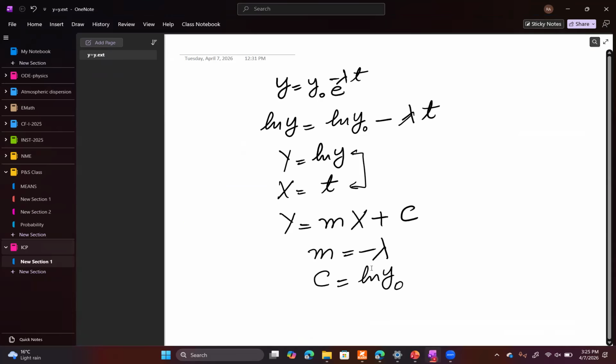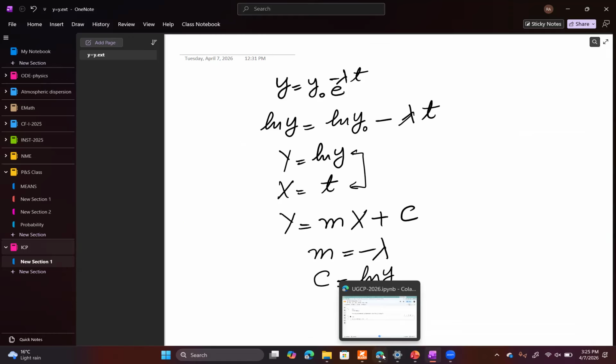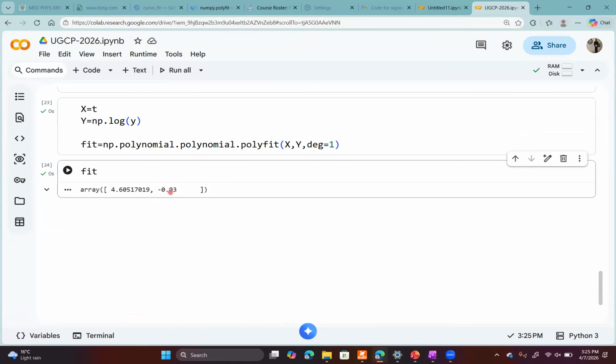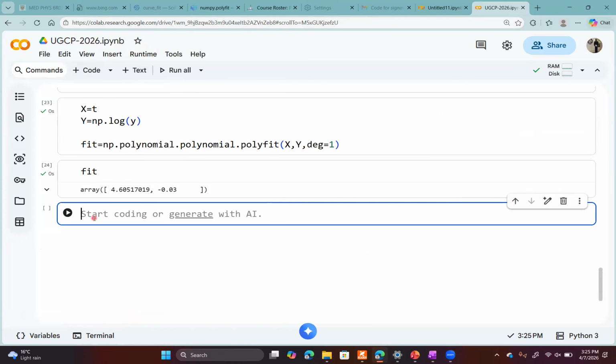So lambda value, which is exactly the same. So this is the slope value, and this is the intercept.